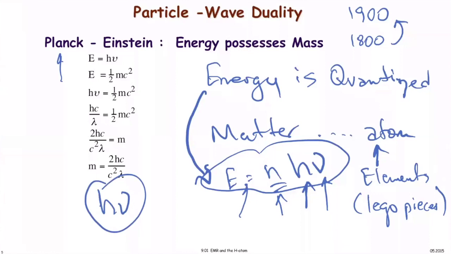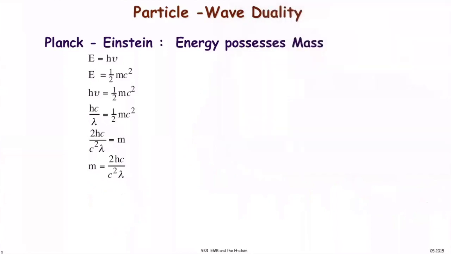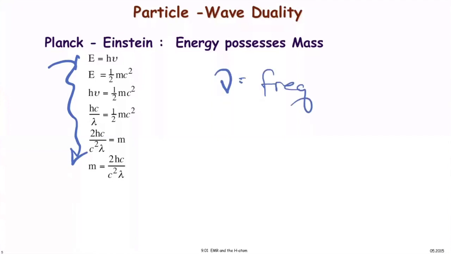Anyway, what we have here is this equation, and a bunch of other scientists, and I'm not going to go through the derivation, but they expanded on this particular equation. Remember, nu is the frequency, and frequency is basically the speed of light over the wavelength.